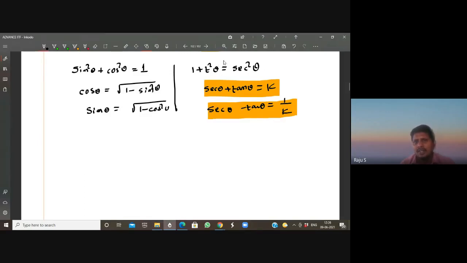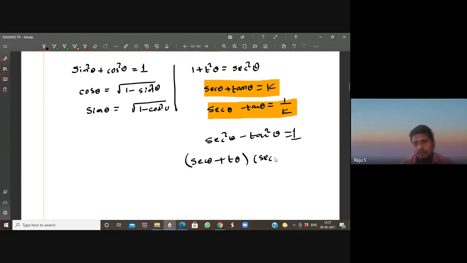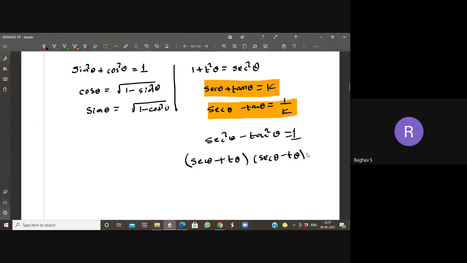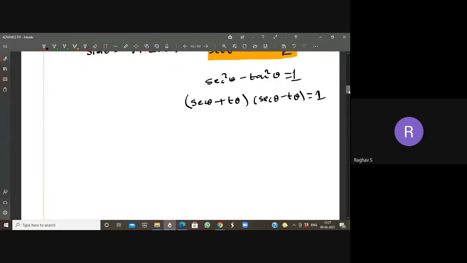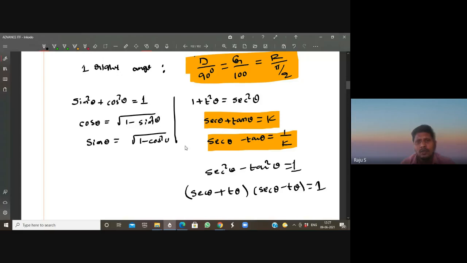Take tan square theta to the right side. The standard identity: secant square theta minus tan square theta is equal to 1. Am I right? Like a square minus b square, this can be written as secant theta plus tan theta into secant theta minus tan theta equal to 1. If we bring one of them to the RHS, then we prove that. Write it like this, because in JEE also they ask about this 2-3 times.